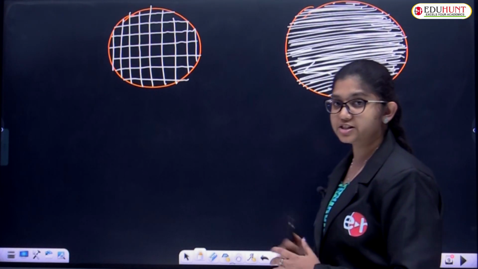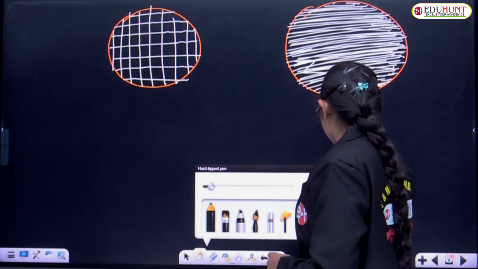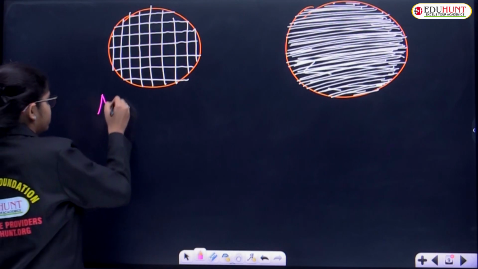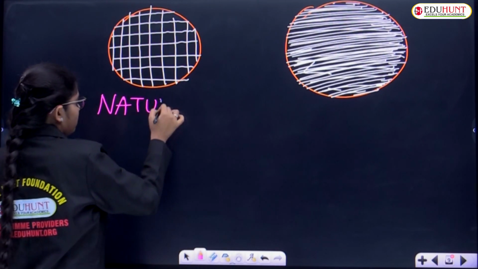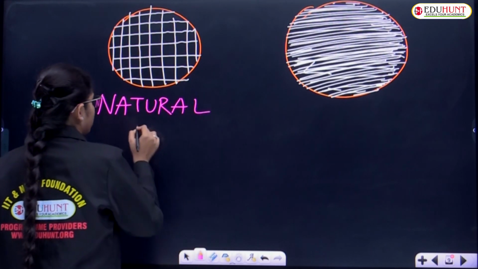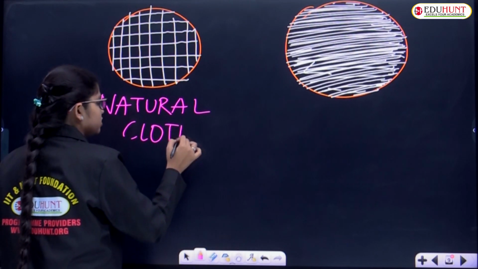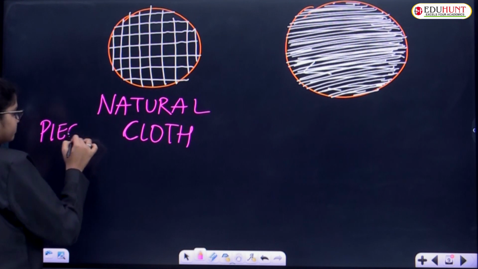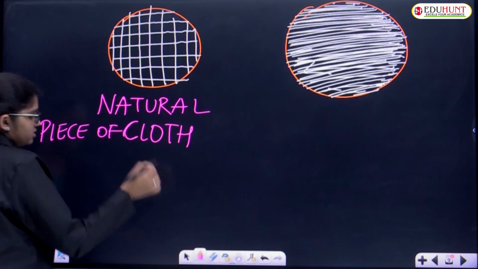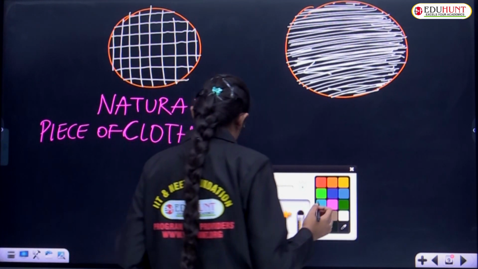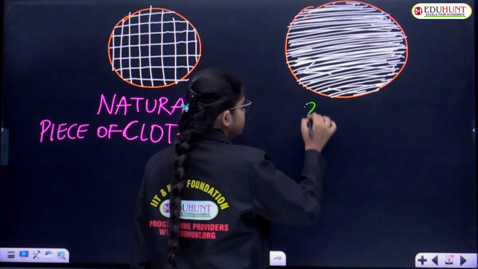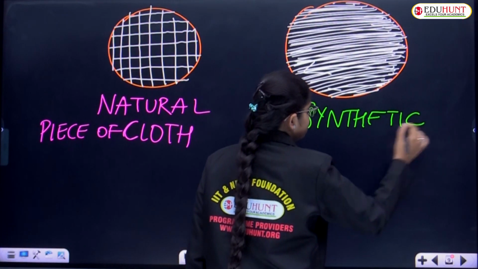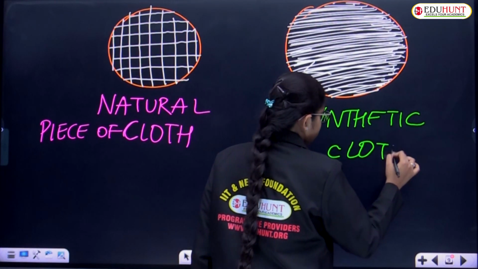What about this piece of cloth in its natural condition? This is all about natural cloth. And this is of synthetic cloth, a synthetic piece of cloth.